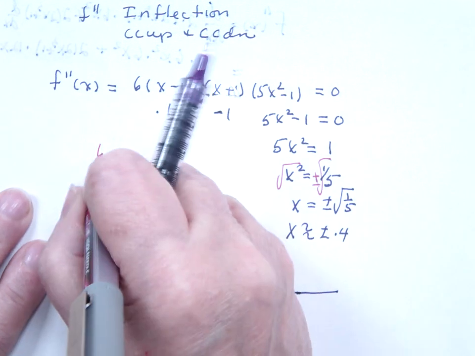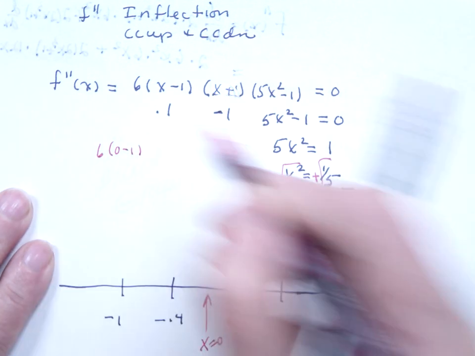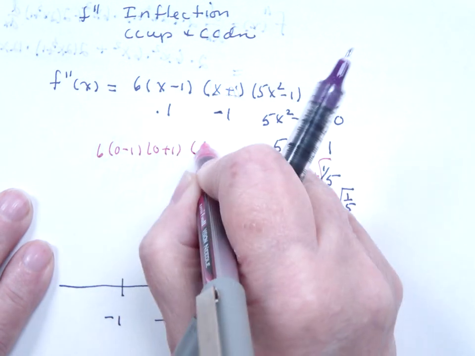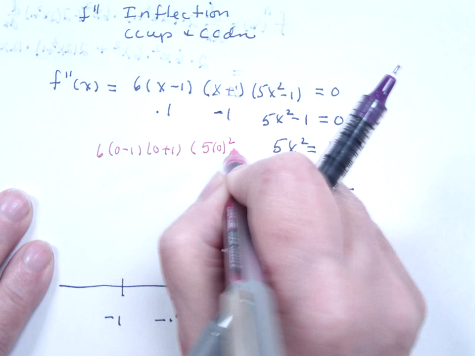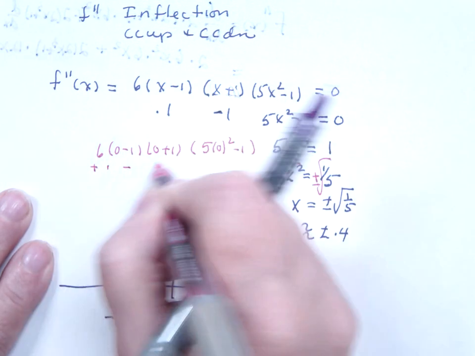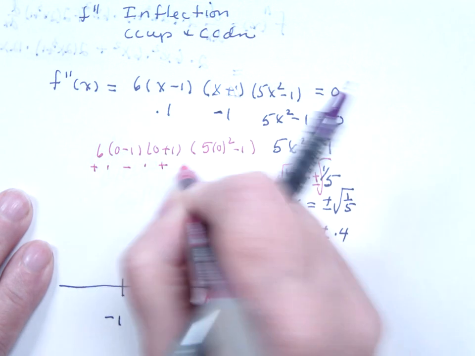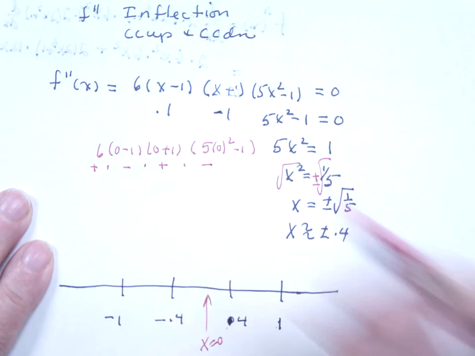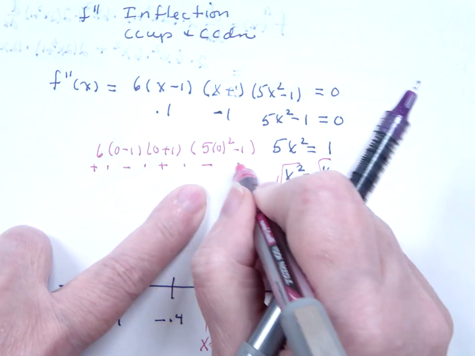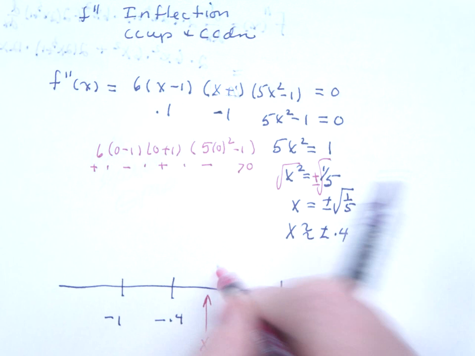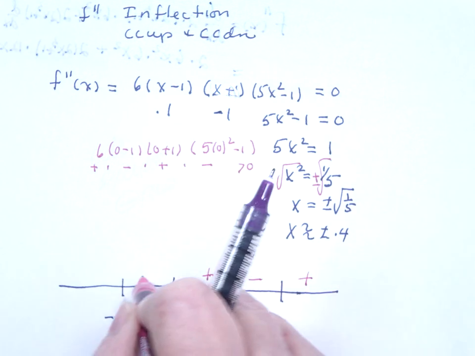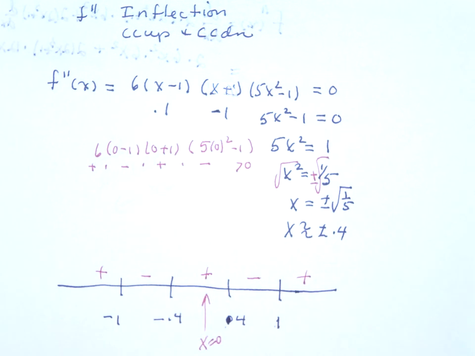So 6 times (0 minus 1) times (0 plus 1) times (5 times 0 squared minus 1): positive times negative times positive times negative. It's going to be positive, negative, positive, negative, positive. All multiplicity 1 is going to change signs.